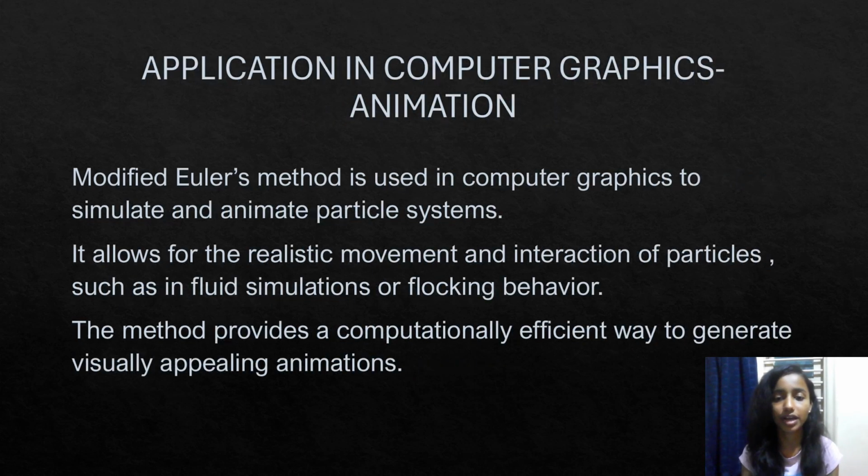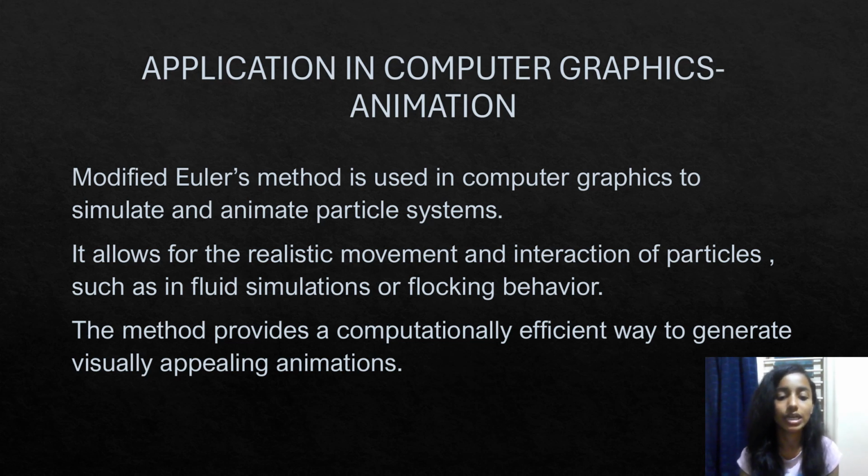Application in computer graphics animation. It allows for the calculation of object movement and transformations over time. This method is particularly useful for real-time animation where efficiency is very crucial. Physics-based animation. Modified Euler's method can simulate physical phenomena like gravity, collisions, and fluid dynamics.